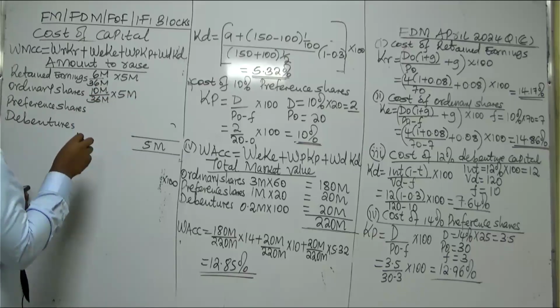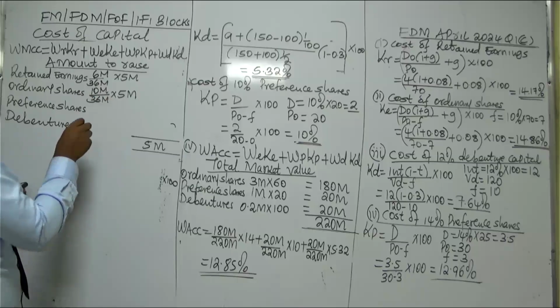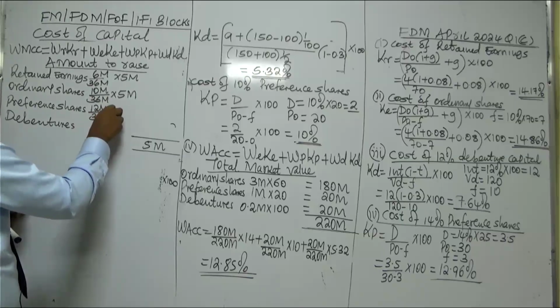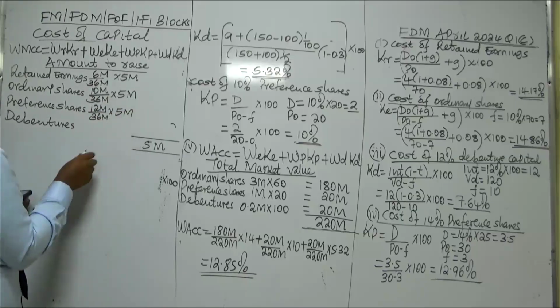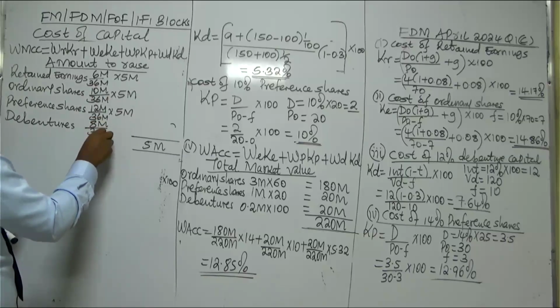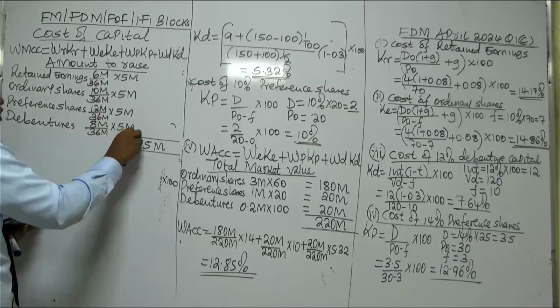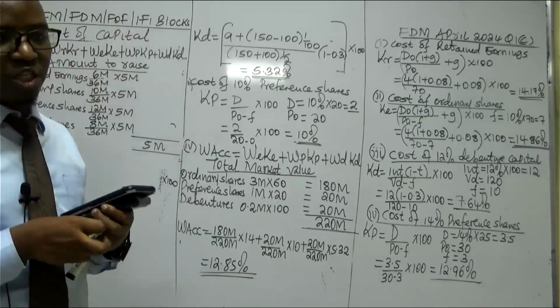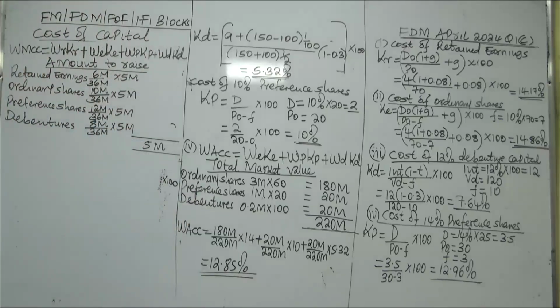Preference shares will be 12 out of 36 million, multiply by 5 million. This one for the debenture will be 8 million, divided by 36 million. This is out of the existing capital structure. That is, we'll just get the proportion of existing capital structure, which will help us in determining the amount to raise for each. So 6 you divide by 36, you multiply by 5.